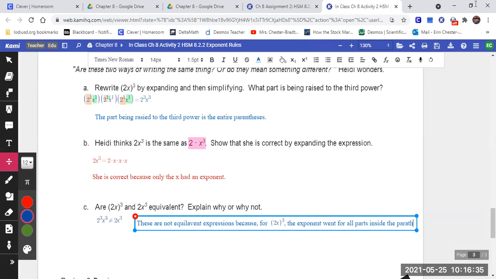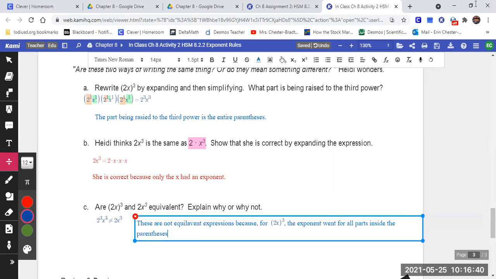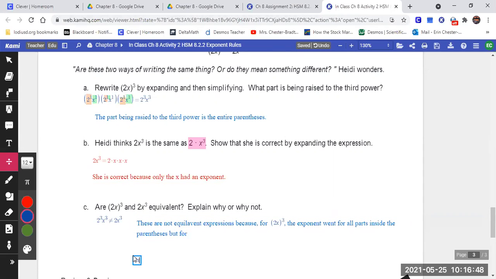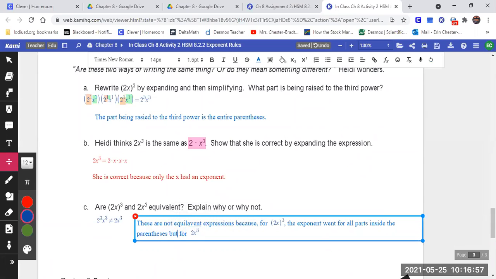I'm having a parentheses spelling day. Parentheses. But for 2x to the third, the exponent was only for the x.